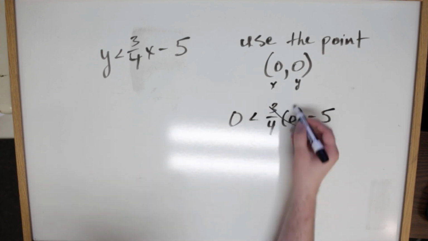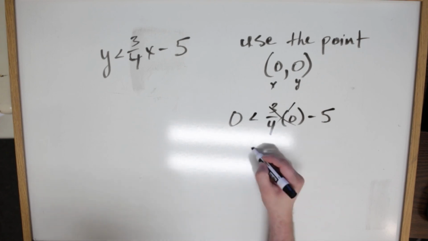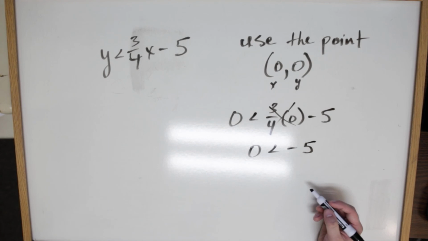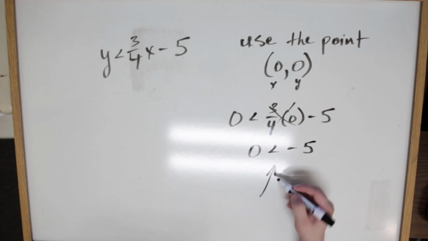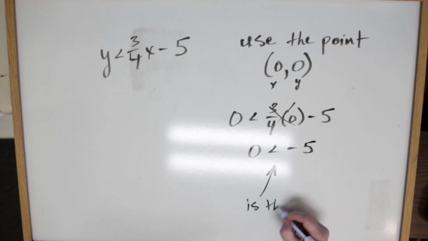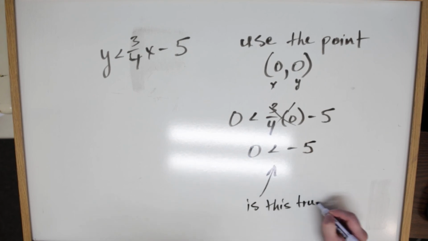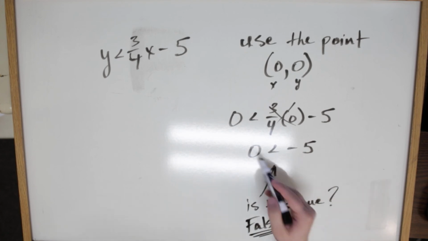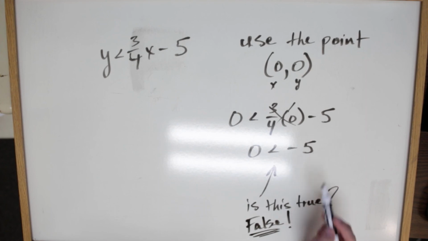So that goes away because it's 0, and I get 0 less than -5. Okay. Question: is this true? The answer: it is not. False. It is completely false. The reason why is 0 is bigger than a negative number.